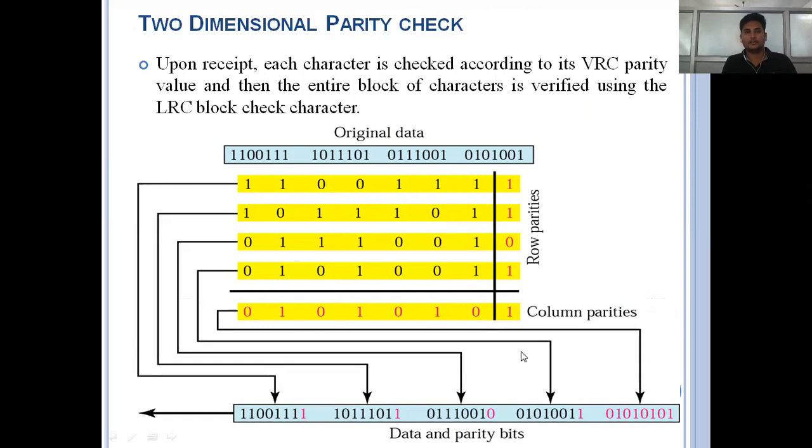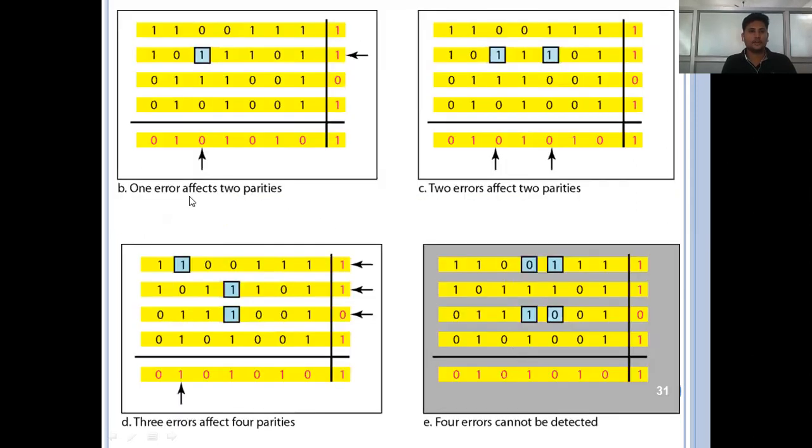So data and parity bits in this way. One error affects two parities. Two errors affect two parities. Three errors affect four parities, and four errors cannot be detected.